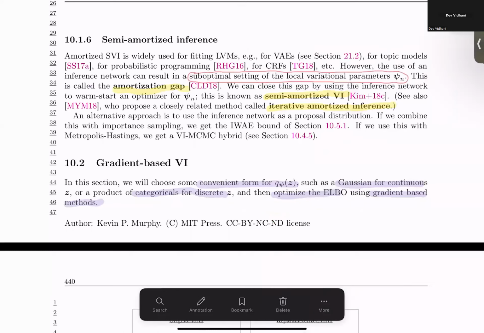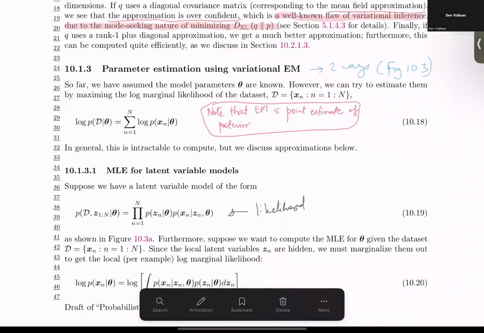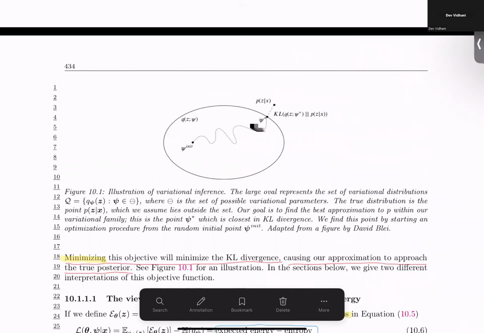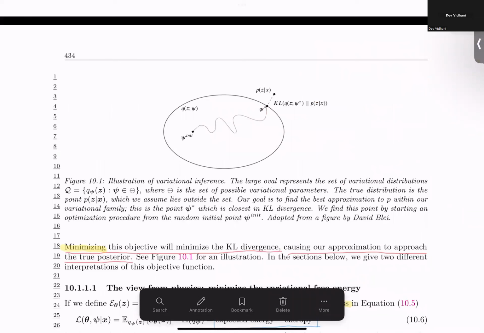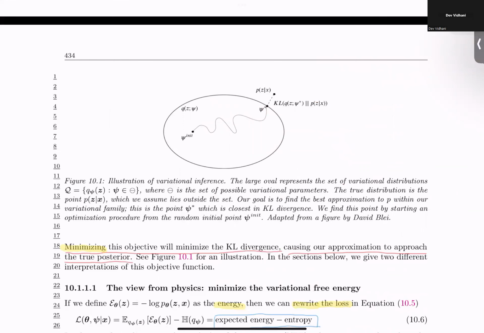Okay, so I will just very quickly show this famous picture that Ted was describing, where X is the data that we are trying to understand the distribution of.